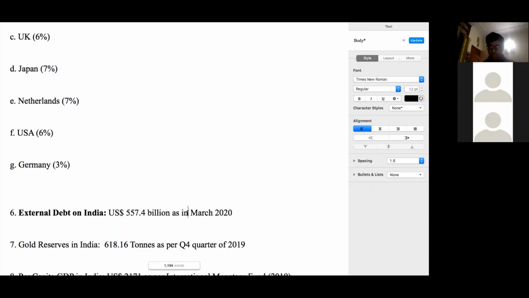So that is the net of that. So net external debt on India is 550 billion, the rough figure you can take.